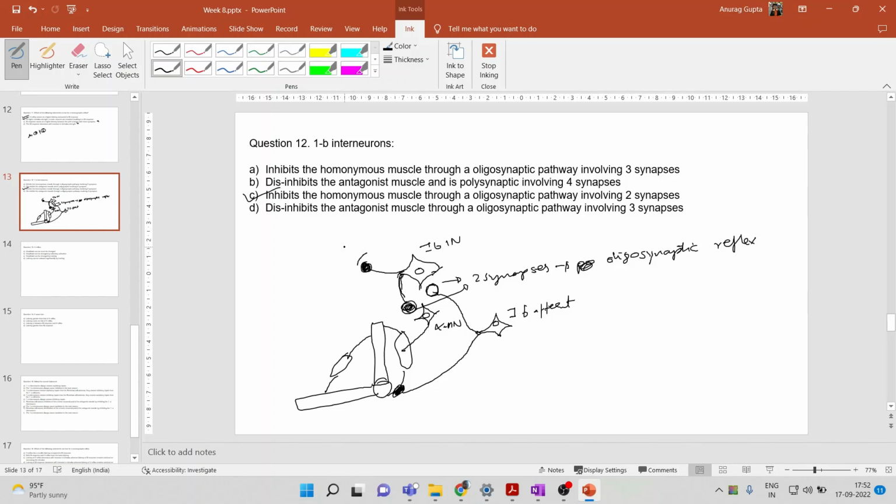Now we have this interneuron. We have one more interneuron here, and then we have this alpha motor neuronal pool of the antagonist.